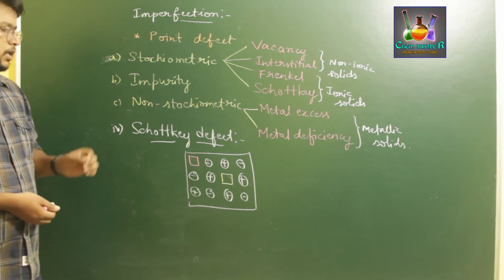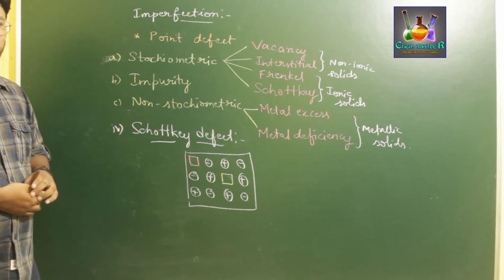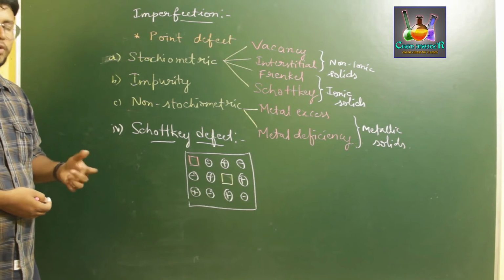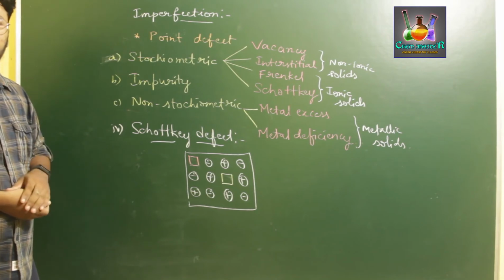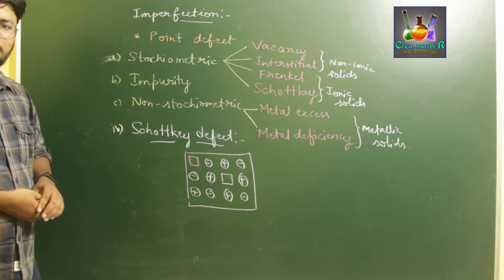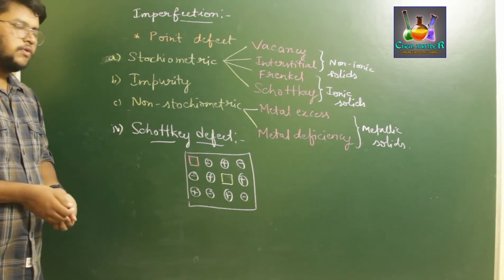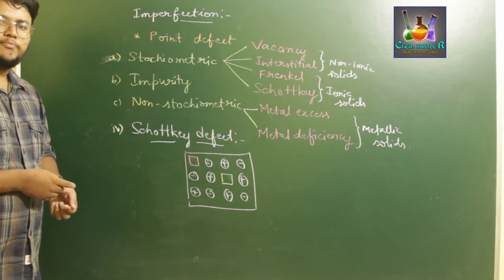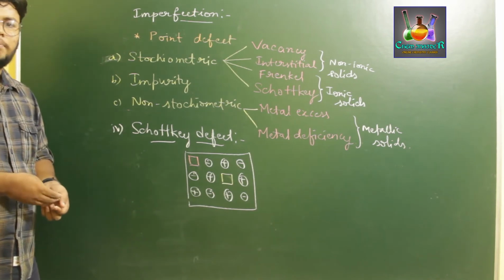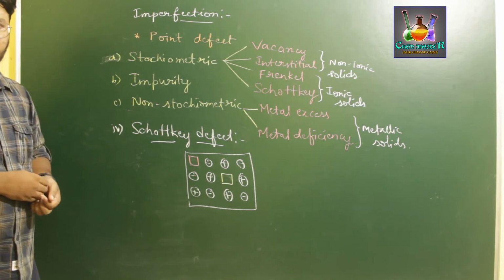That means in a Schottky defect crystal, those crystals lose a cation or anion with respect to what they have lost in the initial position, such that they maintain electrical neutrality. So if we observe over here, the number of positive charged cations and anions are a bit less when compared to its initial structure, right?